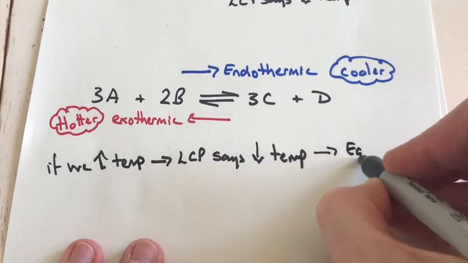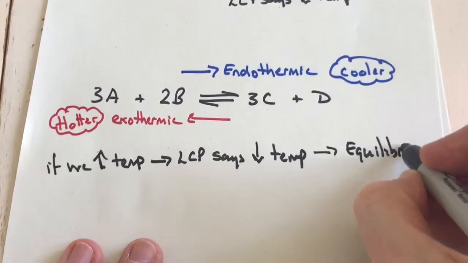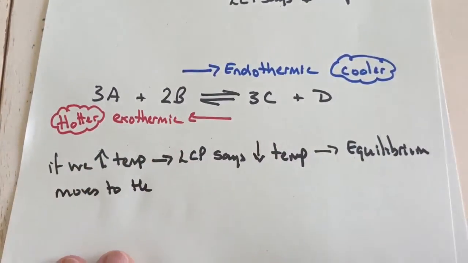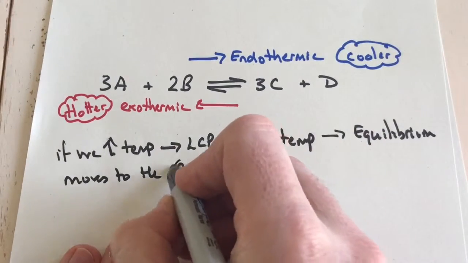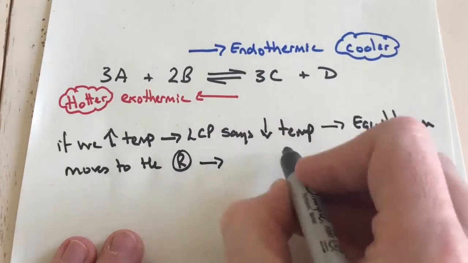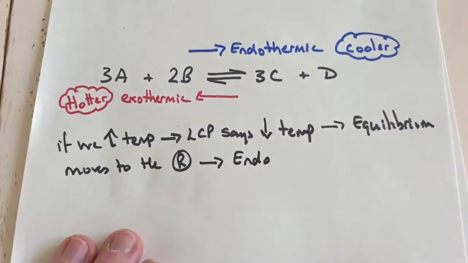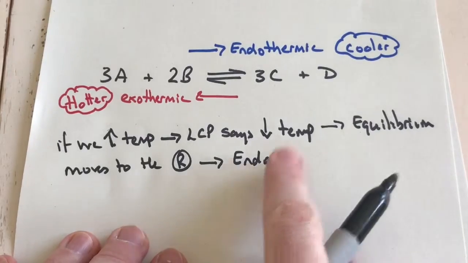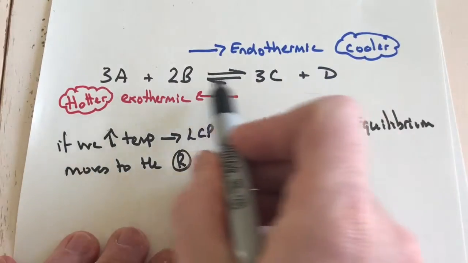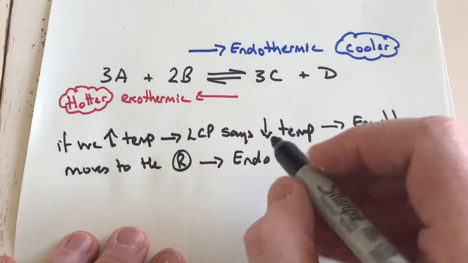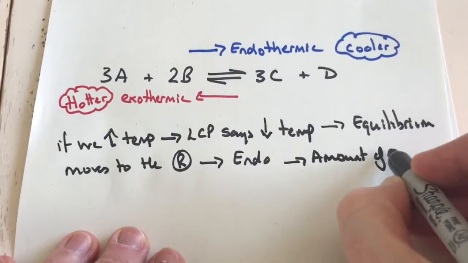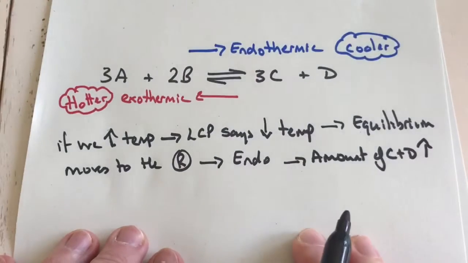That means the equilibrium will move to the right. Why does it do that? Because in that direction the reaction is endothermic, and that causes it to become cooler. That's going to cause the amount of C and D to increase.